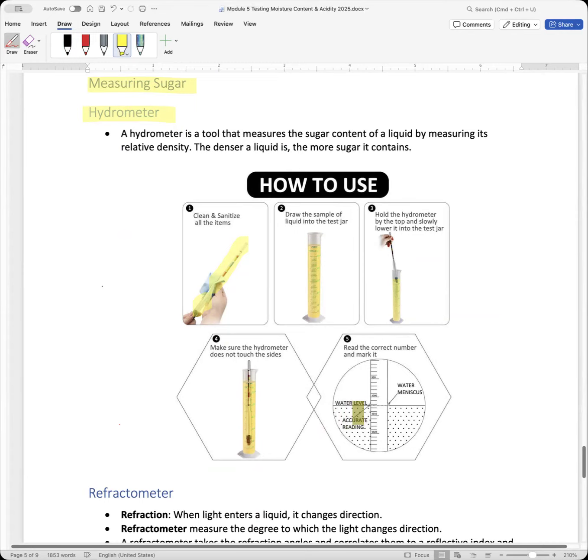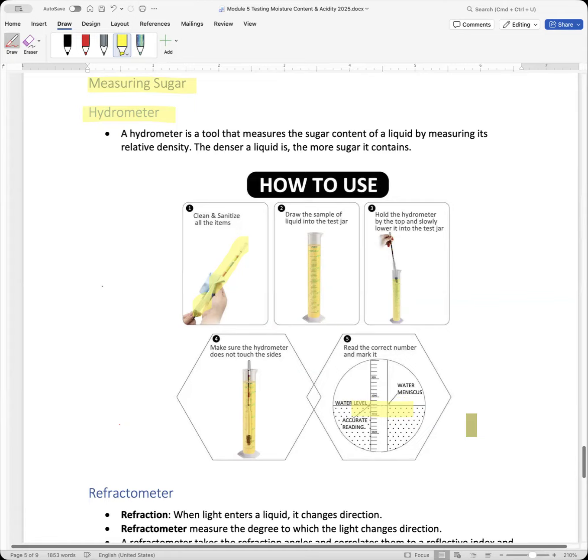You have a long cylinder and you fill it up and you drop that in, and then you measure the level, and that'll give you the amount of sugar or salt or alcohol, right?